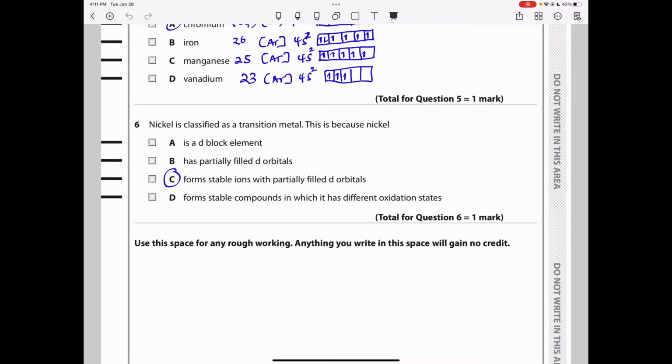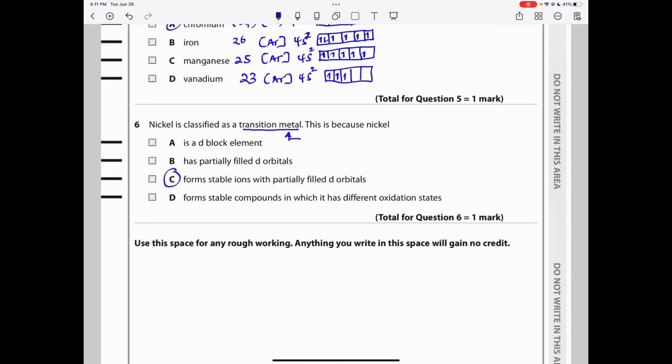Question 6 says, nickel is classified as a transition metal. This is because, to be classified as a transition metal, you should be able to form stable ions that have partially filled d orbitals. That is the key thing, because when the ligands split up the d orbitals, electrons should be able to transition so that color can be observable.